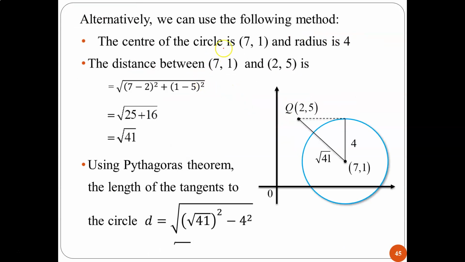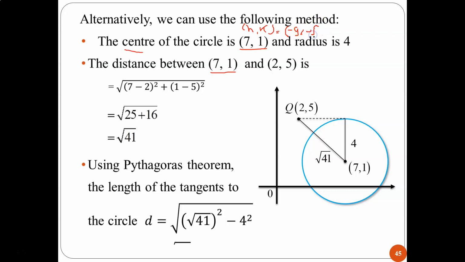What is this 7 and 1? 7 and 1 is your center, your h, k, or your negative G, negative F.